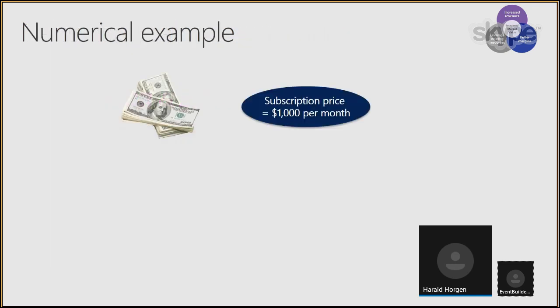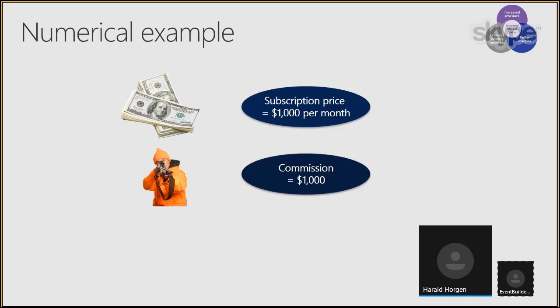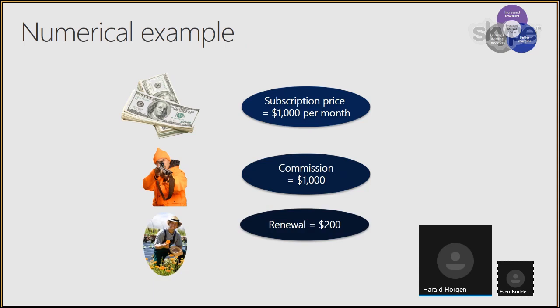So let's say the subscription price is $1,000 per month. The commission goes to the hunter of $1,000. The farmer comes in, and if the farmer just does their job, they get the renewal at $1,000 a month. They get a commission of $200 on the anniversary date of that subscription. But if they've done a really good job and they've doubled the usage, so it's now a $2,000 subscription, they would get an additional $400 on that extra $1,000 of usage.